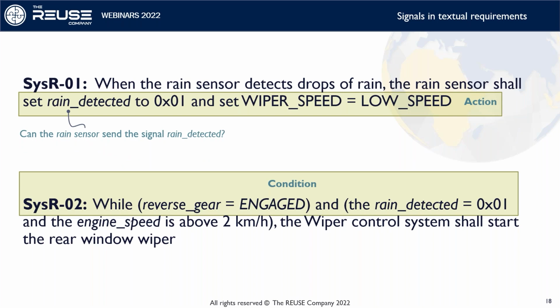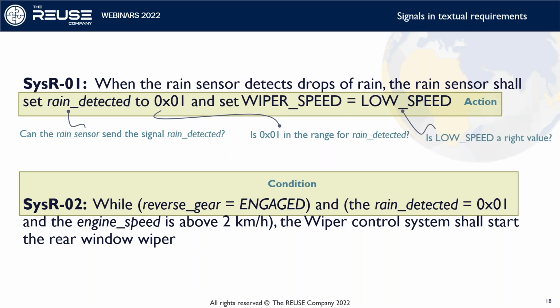Like, can the rain sensor send the signal rain detected? Or, if you go back, for instance, to the example of the DVC file, is there any constraint telling me that this signal can be sent from this component? Yes, no. Or is 0.1 within the range of possible values for this signal?